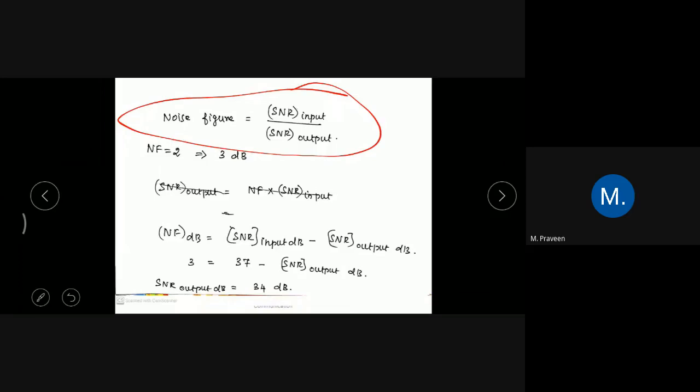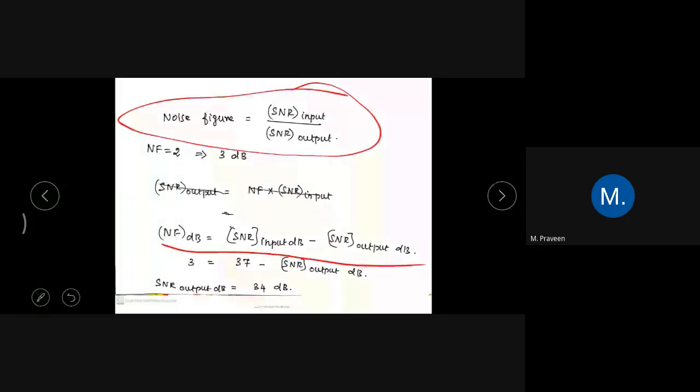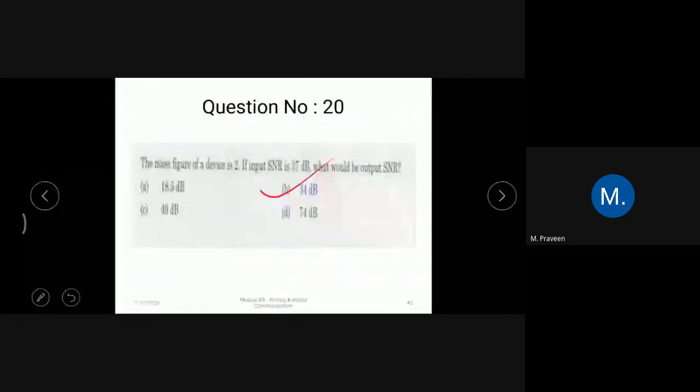If my measurements are in dB, then the noise figure in dB is equal to SNR input in dB minus SNR output in dB. SNR input is 37 minus SNR output, which is unknown and I should find it. So output SNR in dB is 37 minus 3, that is 34 dB. So your option is B.